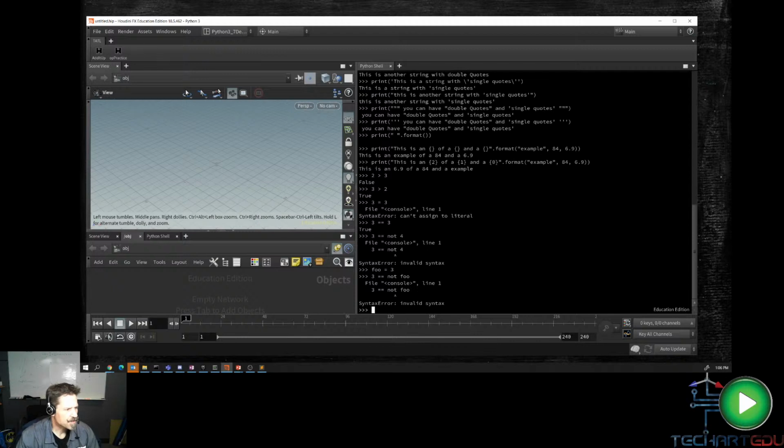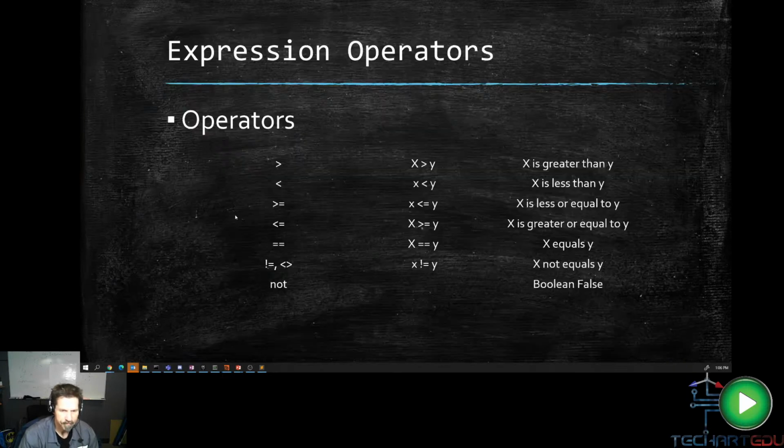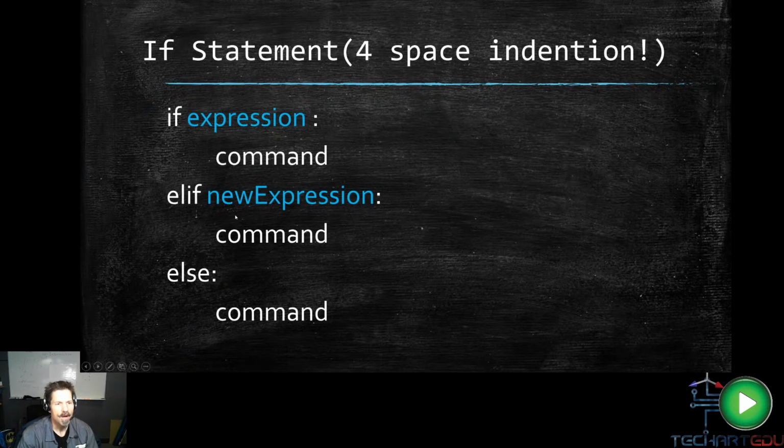Now, if you're using the if statement, it goes into this particular format. It's always created with the word if and then an expression, like the ones we just evaluated. Now here, this is important.